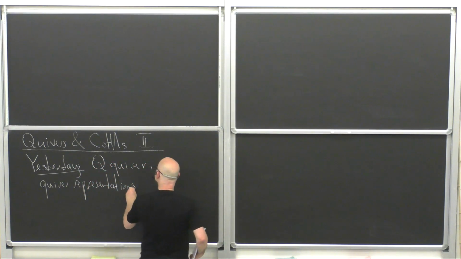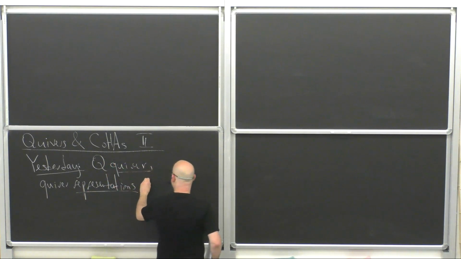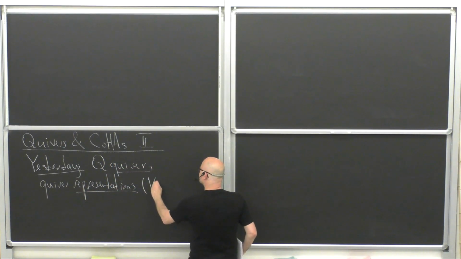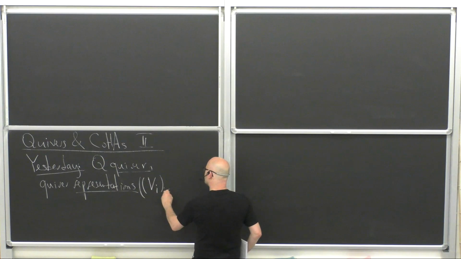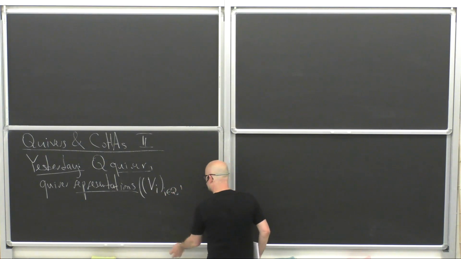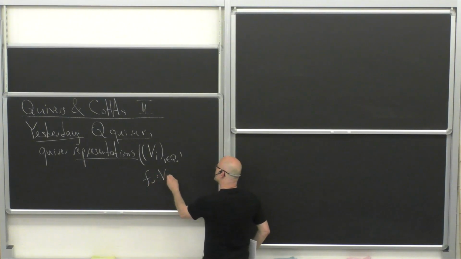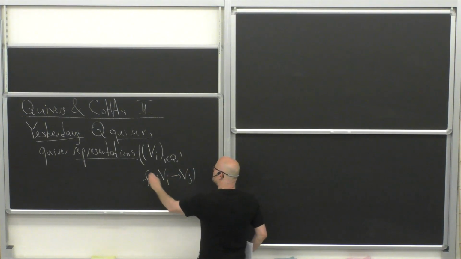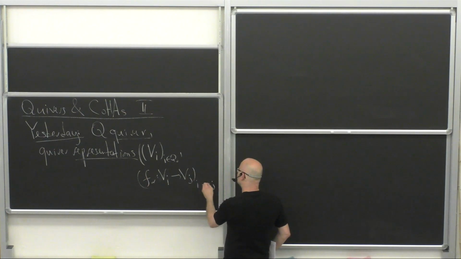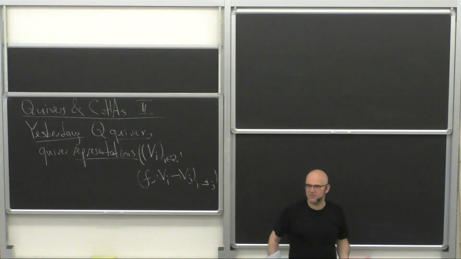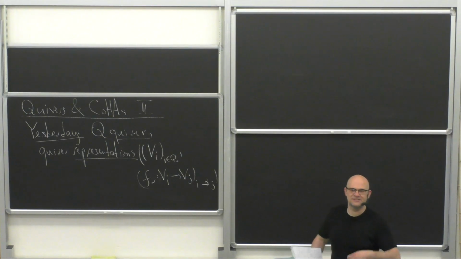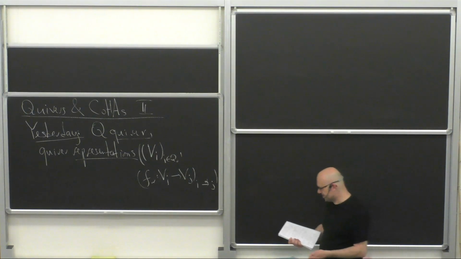Quiver representations were given by vector spaces for all the vertices of the graph and linear maps for all arrows in the graph. And we have seen some basic notions: equivalence of quiver representations, subrepresentations, exact sequences.